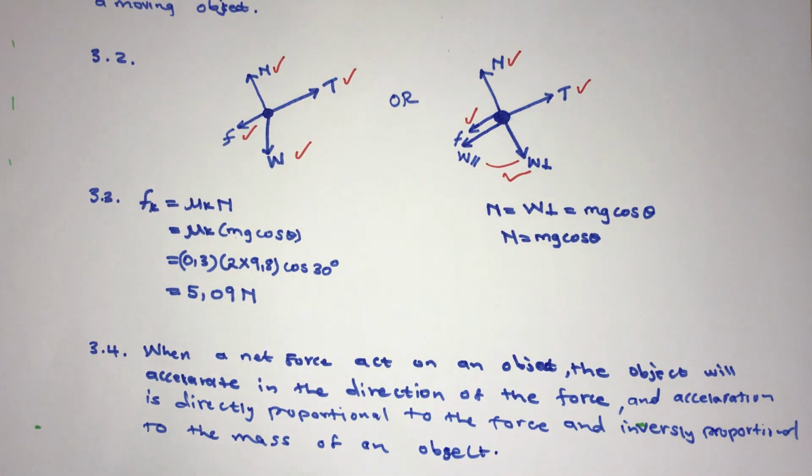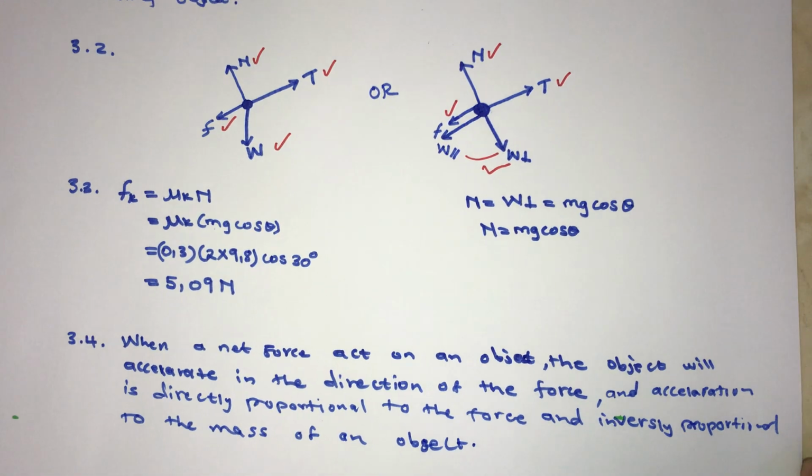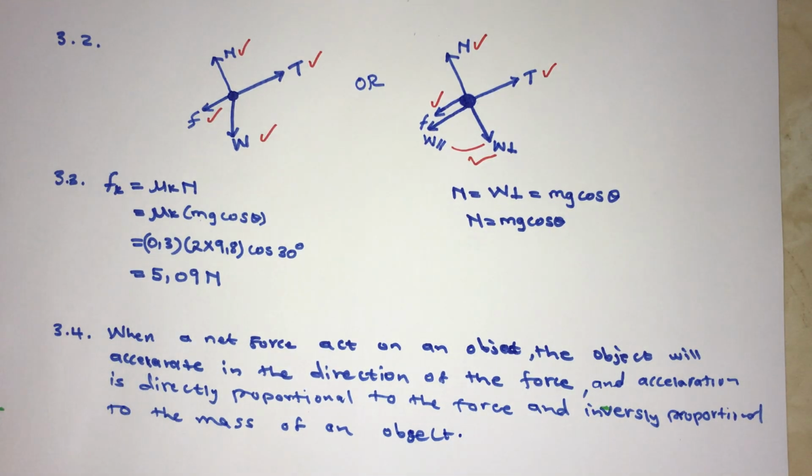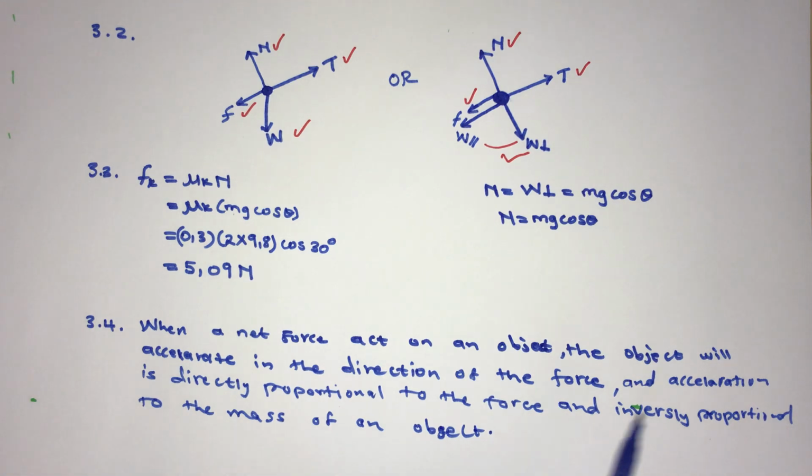So you state Newton's second law like this. That means when you increase the net force, that means acceleration also increases. But when you increase the mass of an object, it means that you are decreasing the acceleration. That's what Newton's second law means.